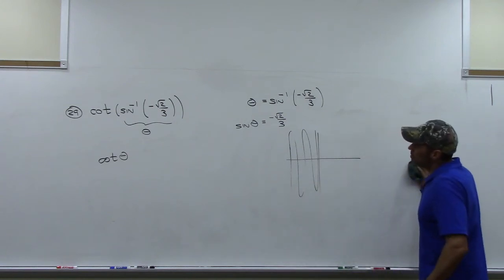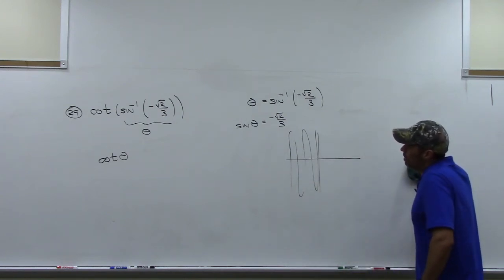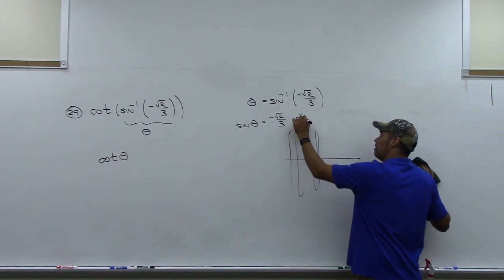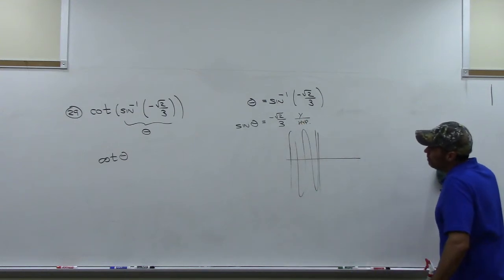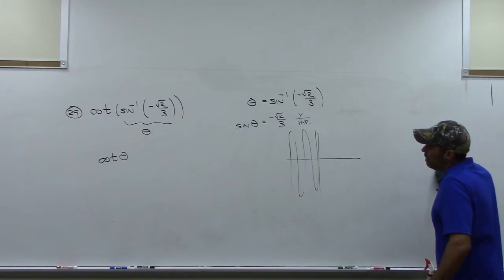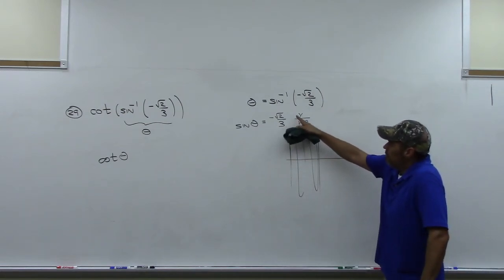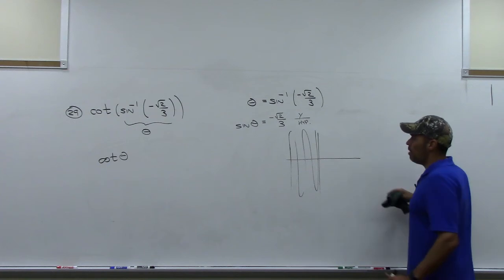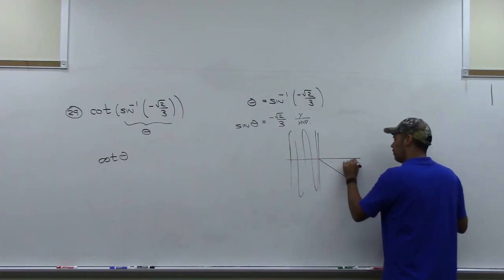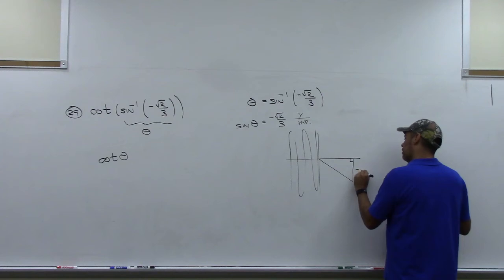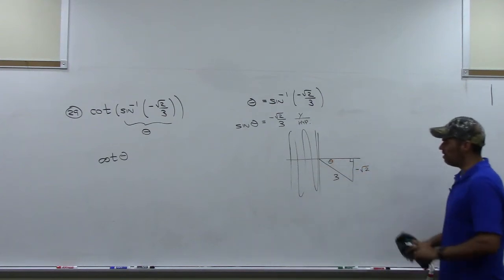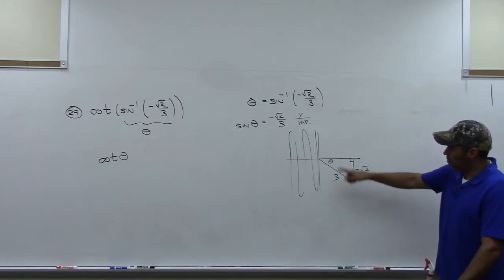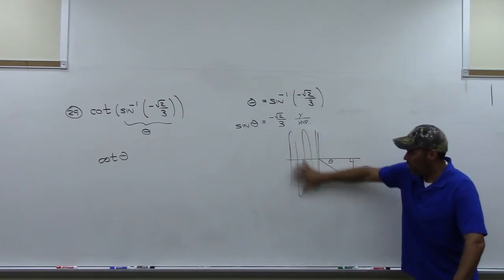So that means sine is my y-coordinate over the hypotenuse, or opposite side. So my y has to be negative, because the hypotenuse can never be negative. So I know that I'm going to be down here. Let me draw a triangle. My y-coordinate is negative root 2. My hypotenuse is 3. So it's kind of like that triangle right there. Sine would be this over this. So that matches up. I've satisfied that I'm not over here.